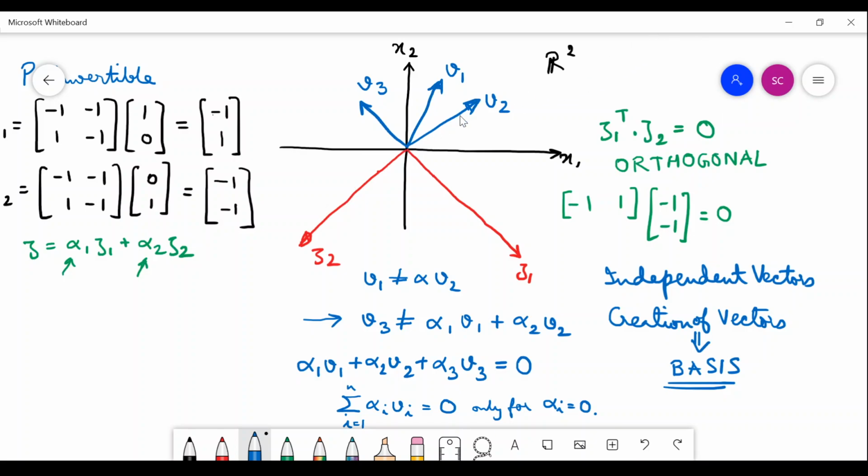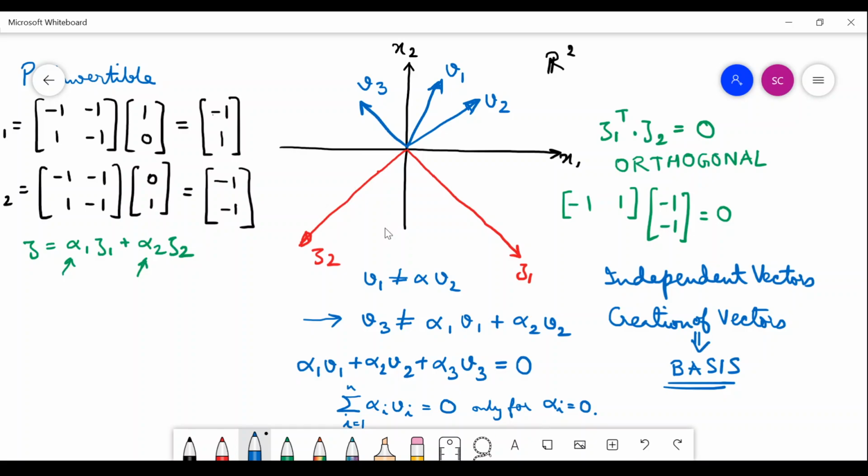So suppose your v1 is certain alpha times v2, then v1 will be in the same direction, and adding v1 and v2 in whatever manner will give you vectors in the same direction. So you will not be able to come out of that dimension.